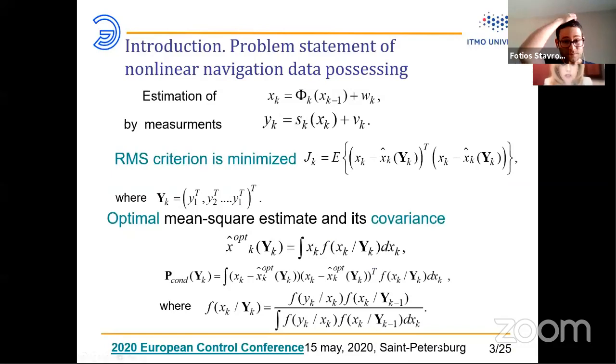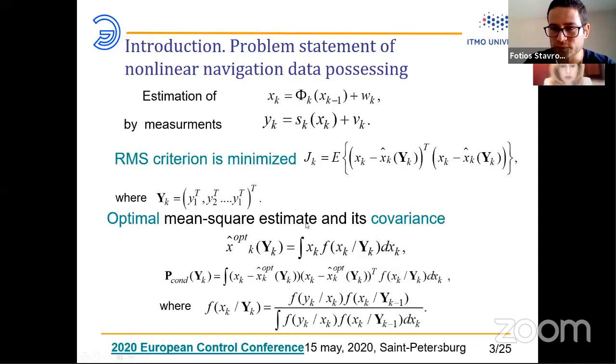One of the features of the navigation data processing is that we need to solve estimation problem with nonlinearities in the equations for state vector and measurements. The example of such a problem statement you can see here on this slide. The problem can be solved by using nonlinear filtering methods in the framework of the Bayesian approach.